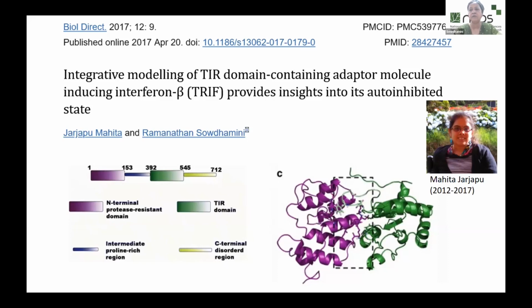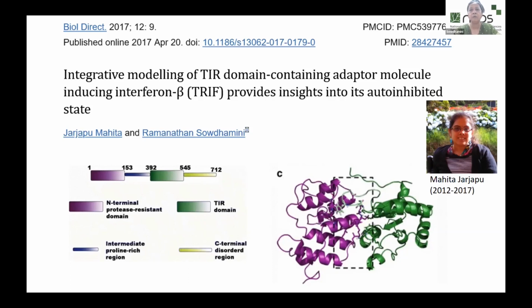One of my ex-students, Mahita, spent some time modeling TRIF, and particularly how the N-terminal domain would interact with the TIR domain, and why they would interact, because it forms a level of auto-regulation or auto-inhibition. As long as the N-terminal domain is stuck with the TIR domain, it will not let the signal transduction machinery proceed. A very beautiful set of regulation by nature.